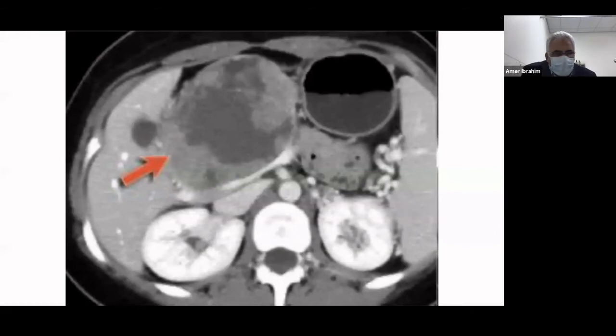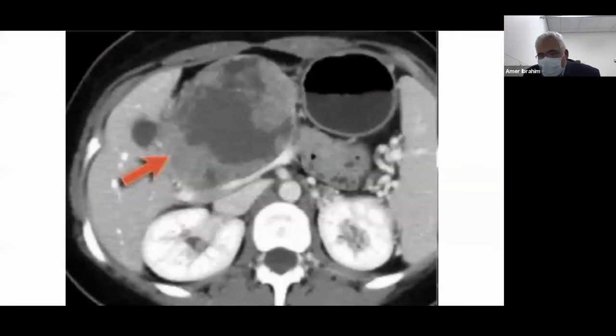And you can see here in this lesion where the red arrow is, the wall of the cyst contains irregularity. There are nodules, and in reality it is a mixed tumor, cystic part and solid part.